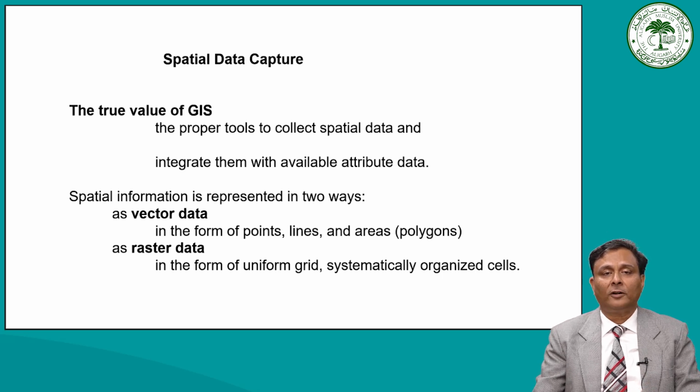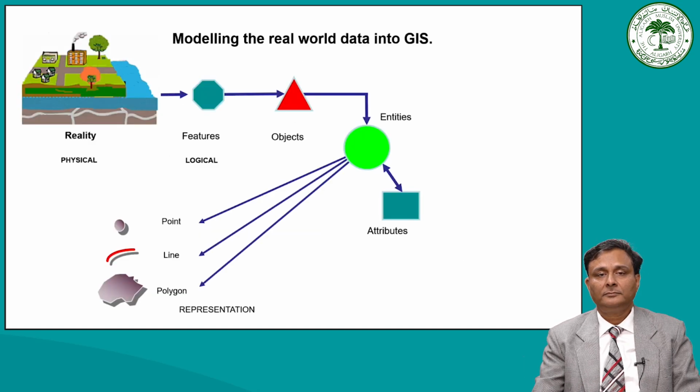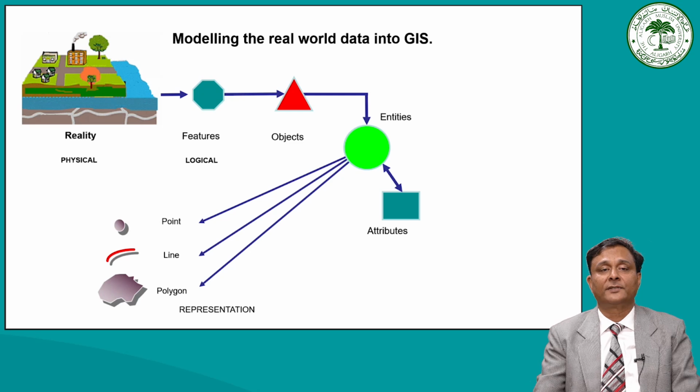But the important fact is that we need to import the spatial data or the attribute data, which will ultimately be linked to spatial locations. This is how we model real world data into GIS or spatial information science.